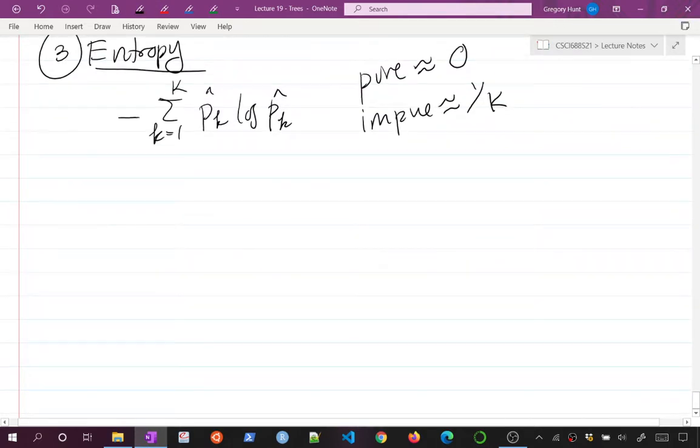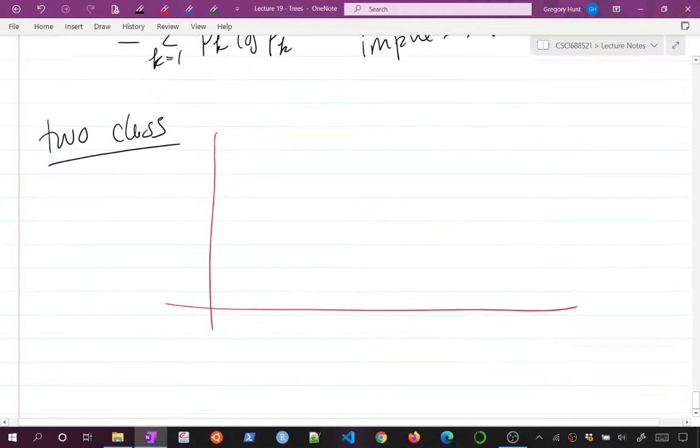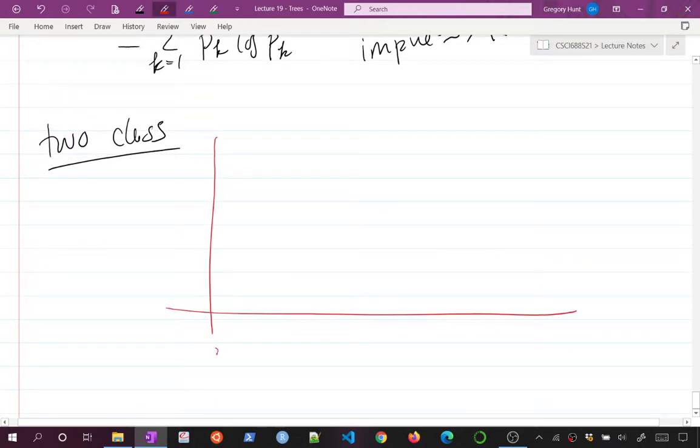So if you notice, in my two class problem, they all have similar characteristics. If I had a 2-class problem, you could look on a scale of 0 to 1, like p1 hat. So here, I have 2 classes, and I could look on my x-axis: 0% of my node is class 1, or 100% of my node is class 1. And you can actually plot out what these different metrics look like.